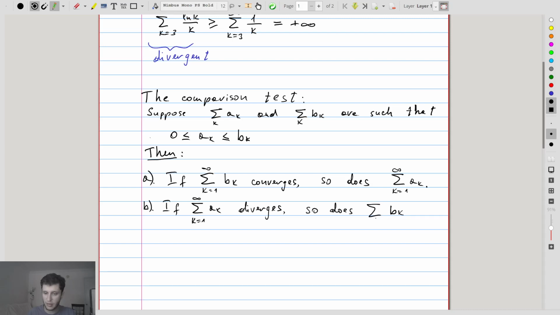And this again makes sense: if summing up the smaller a_k's already gives you plus infinity, then summing up the bigger b_k's will certainly give you plus infinity as well. So I should emphasize that this comparison test requires that the terms of your series are non-negative, and only then can you apply the test.